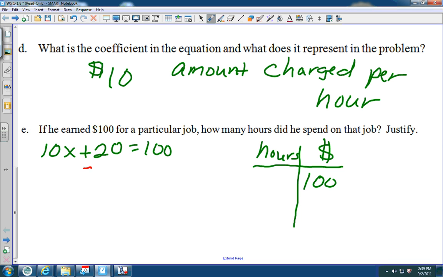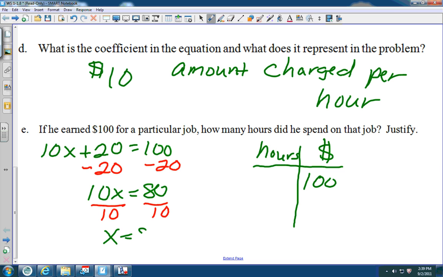When I do that, I subtract 20 from each side. I get 10x equals 80, divide by 10, x equals 8. And I'm going to draw my box around it. So right here, my answer is 8.